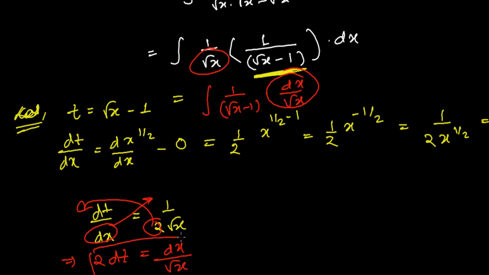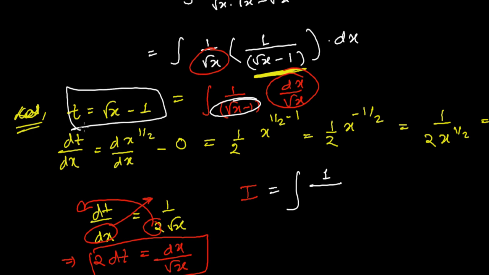So this relationship I'm going to use, and my integral converts to 1 over t times dx over root x, and dx over root x is 2 times dt.